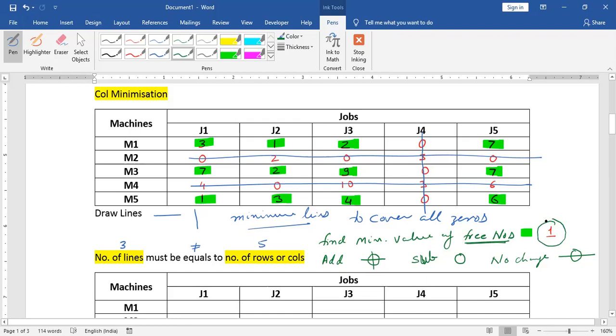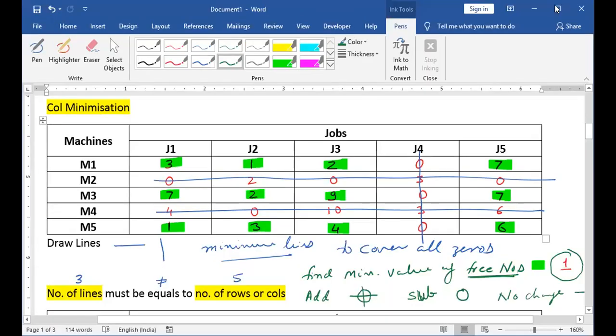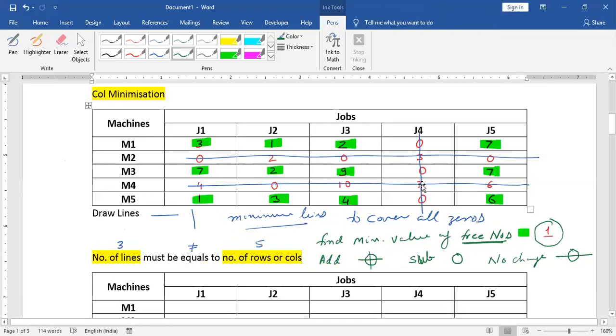And what do we have to do with this one? We will add this number where lines are intersecting. You can see on this point 3 lines are intersecting. Yes or no? The next 3, again lines are intersecting.